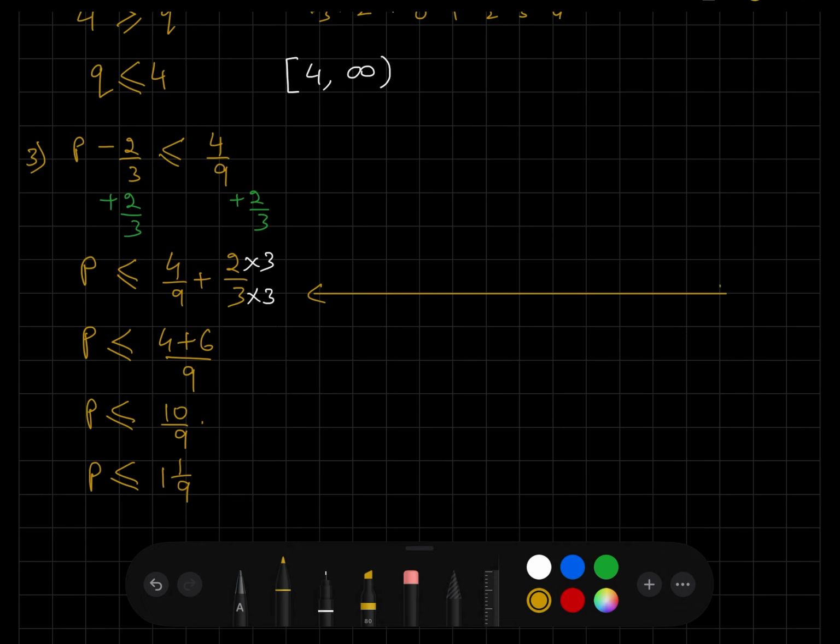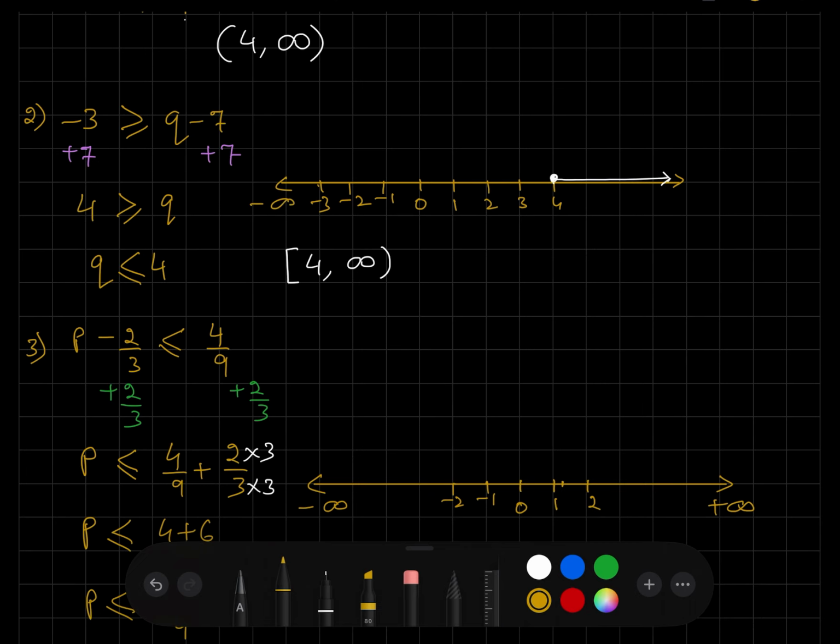It means 1 and 1 over 9 is also included in the solution. So here 0, here 1, here 2, and my 1 and 1 over 9 would be somewhere here. Since I am not plotting it exactly, I can locate it somewhere here. This is my negative 1, negative 2, and so on. Let us write here negative infinity, positive infinity.